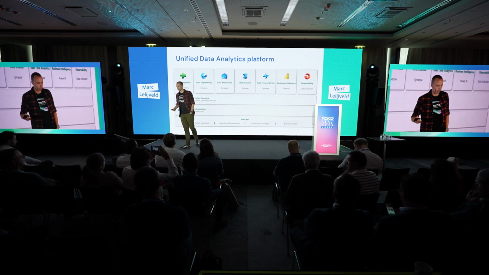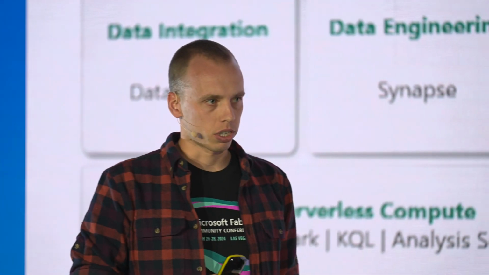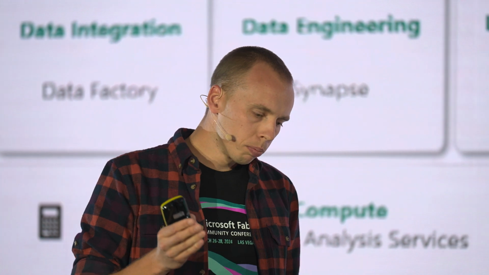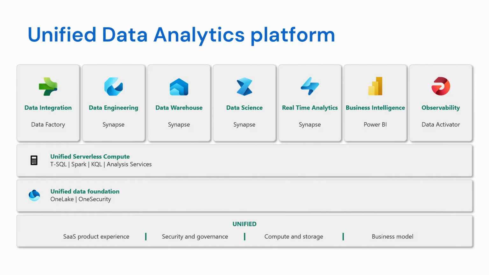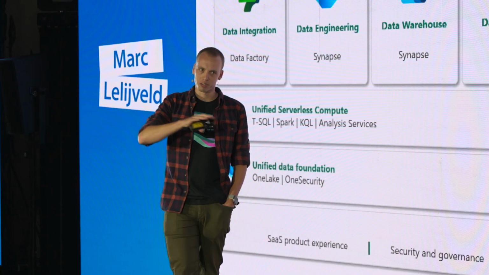So we have data integration with Data Factory. Then we had a product called Azure Synapse Analytics. Parts of that also flow into Microsoft Fabric now, and we have that in services like the data engineering service, where you build lakehouses, where you use notebooks to transform your data, where you can build environments, totally different from environments that you have in Power Platform, but we have something called environments.